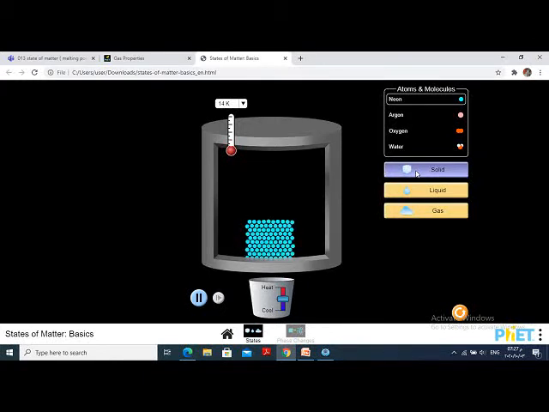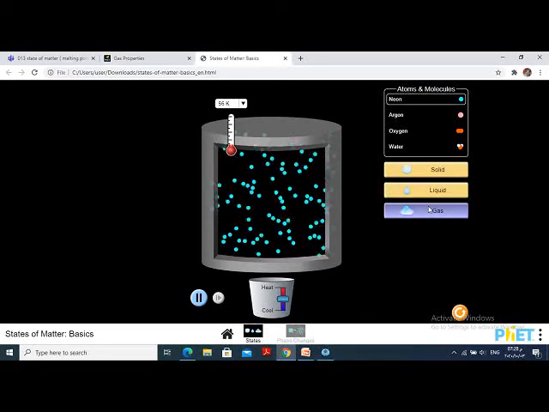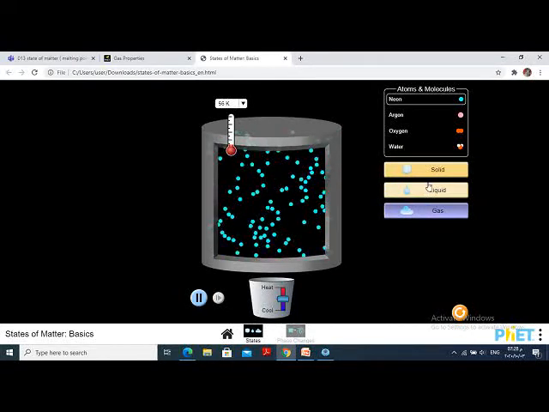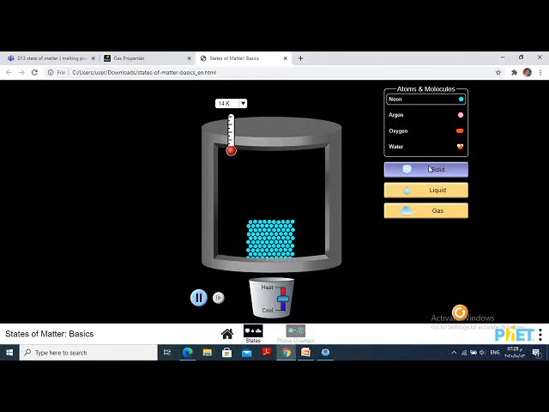As you can see, in the solid state the particles are very close to each other. That means the attractive forces in the solid state are higher than in the liquid state and the gas state.